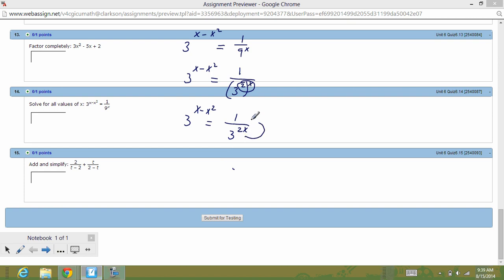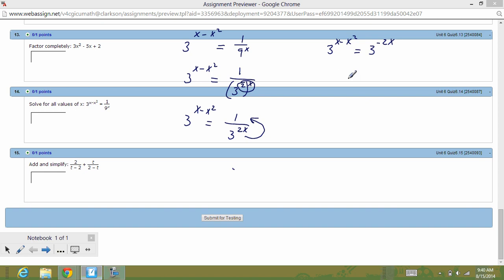And then I'm going to use the 1 over rule. So I'm going to move the 3 to the 2x to the numerator, and by doing that, I'm going to obtain 3 to the minus 2x.